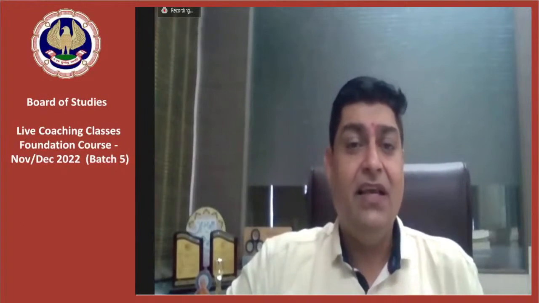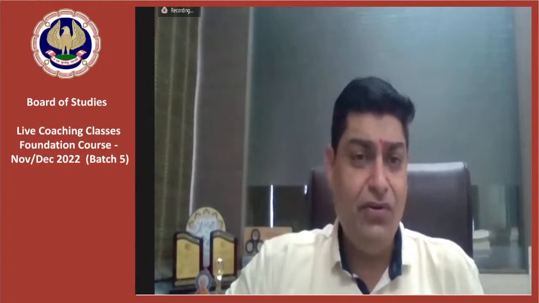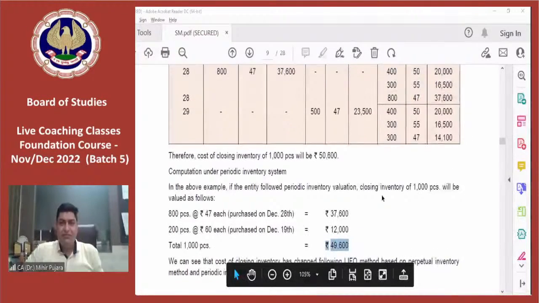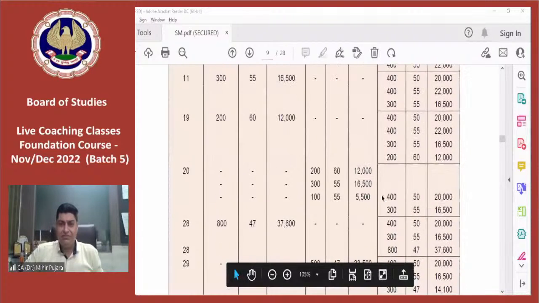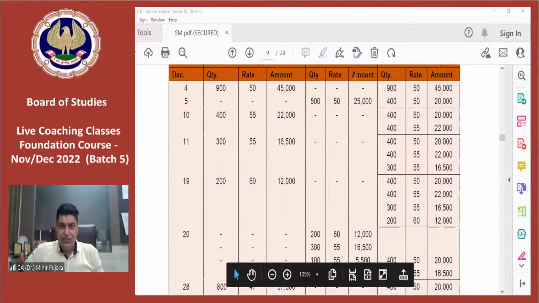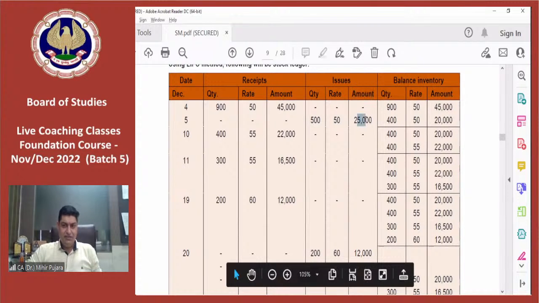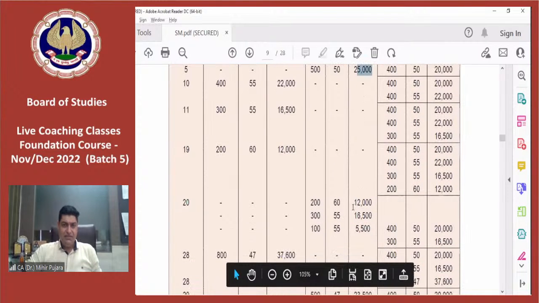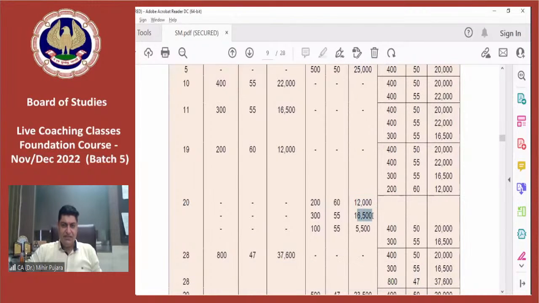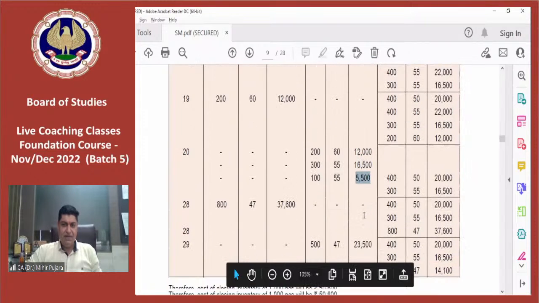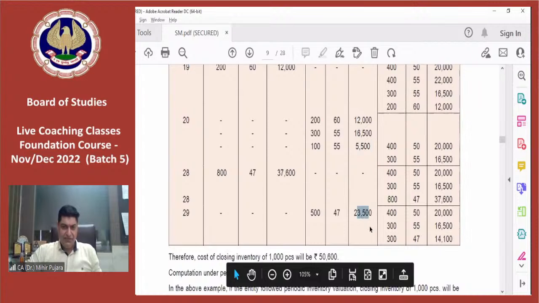And one more question, guys. Somebody was asking me, sir, if we want to find out cost of issue, then just make a total of this issue amount column: 25,000 plus 12,000 plus 16,500 plus 5500 plus 23,500.